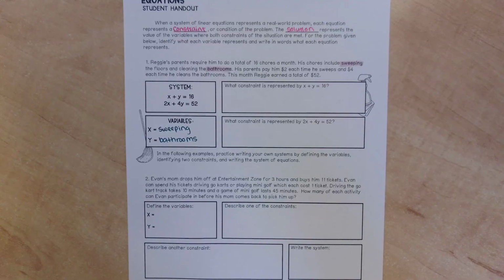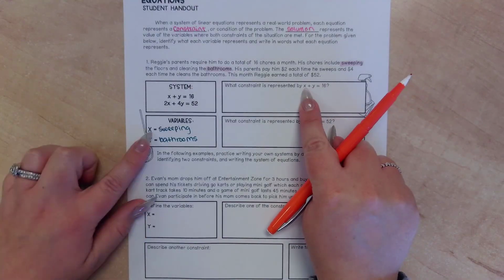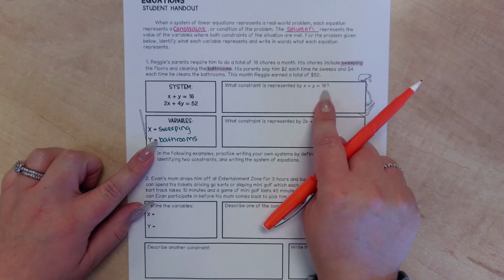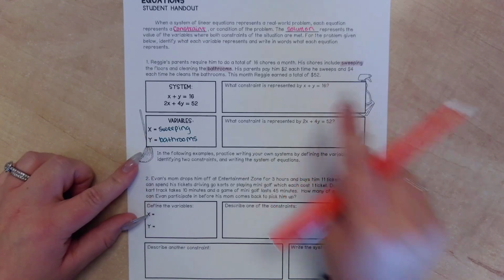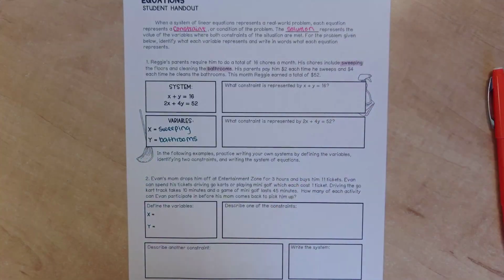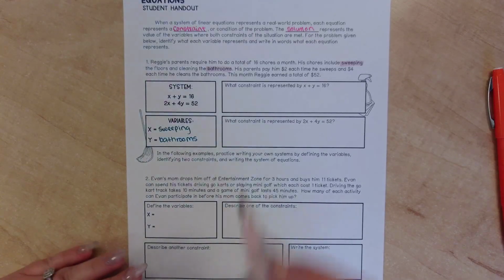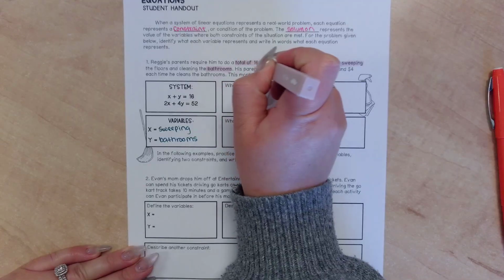This is what constraint is represented by x plus y equals 16. Well, because I know that x is sweeping plus bathrooms equals 16, I'm really trying to figure out what this 16 represents now. So let's go back up to the problem. Reggie's parents require him to do a total of 16 chores a month. That's where it is.